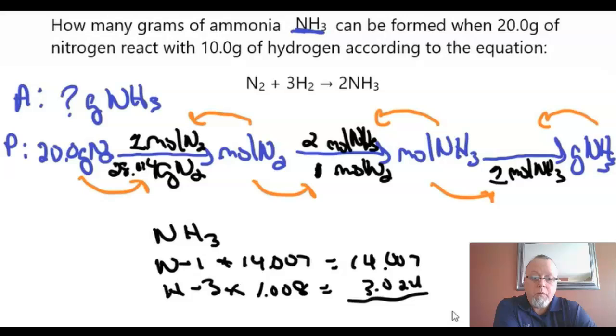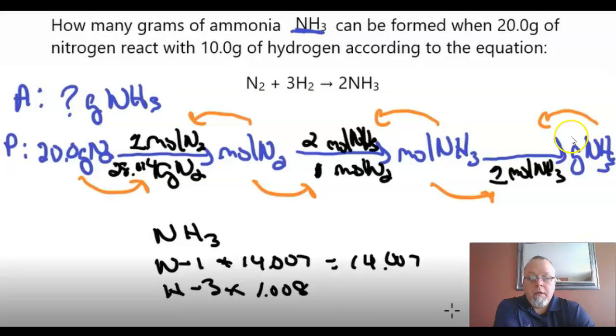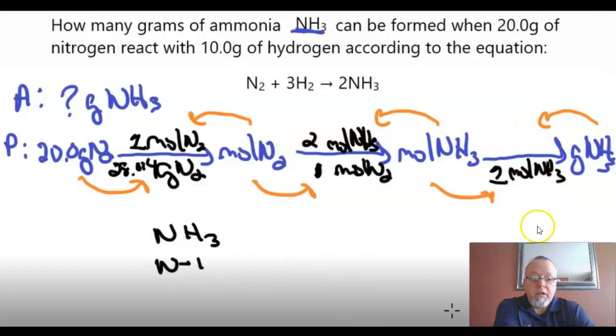And that gives us a total of 17.031 grams for 1 mole of NH3. Again, we put this in the numerator because 1 mole of NH3 has 17 odd grams.